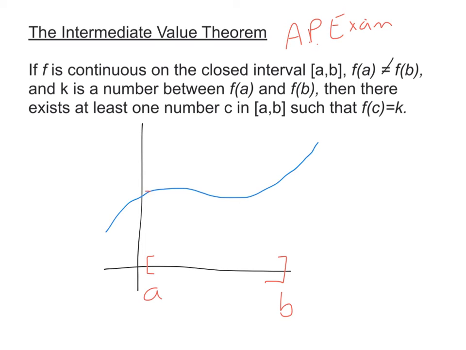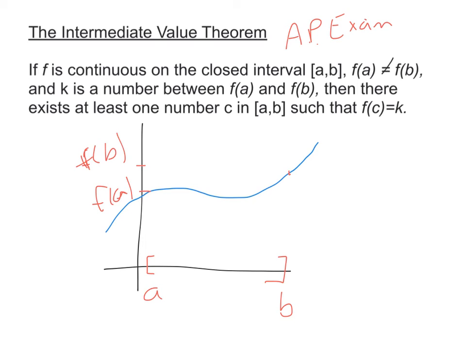So f of a is going to be about right here. F of b is going to follow up to about right here or so. So f of b is maybe right here somewhere.